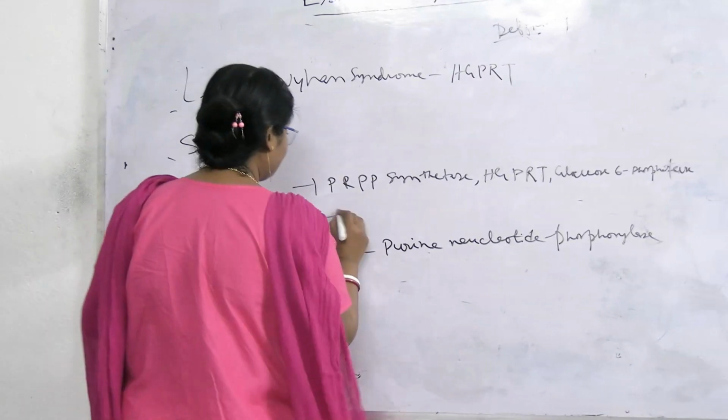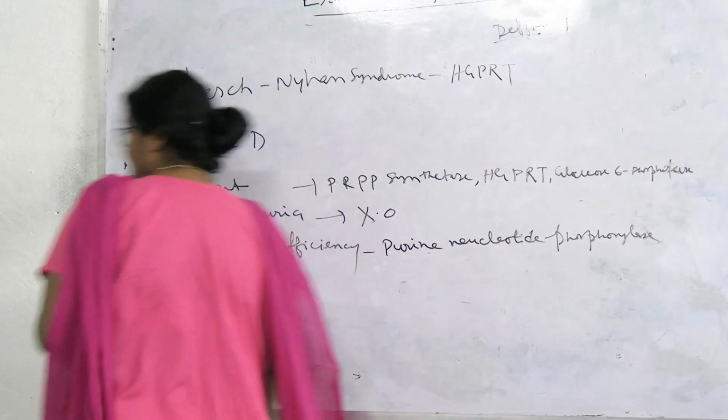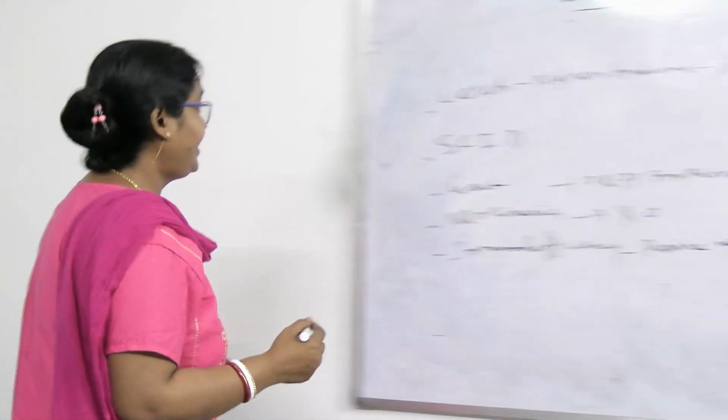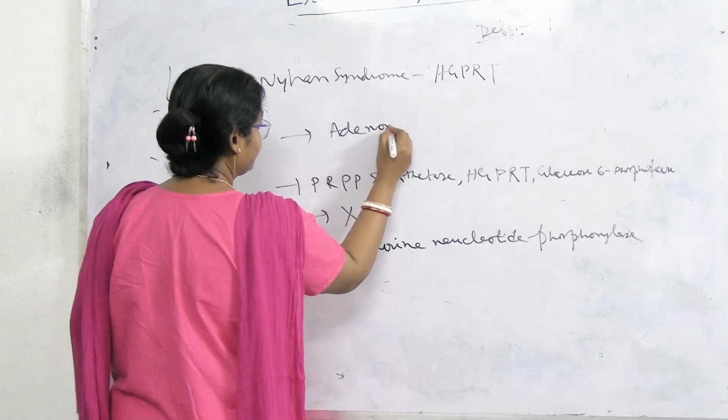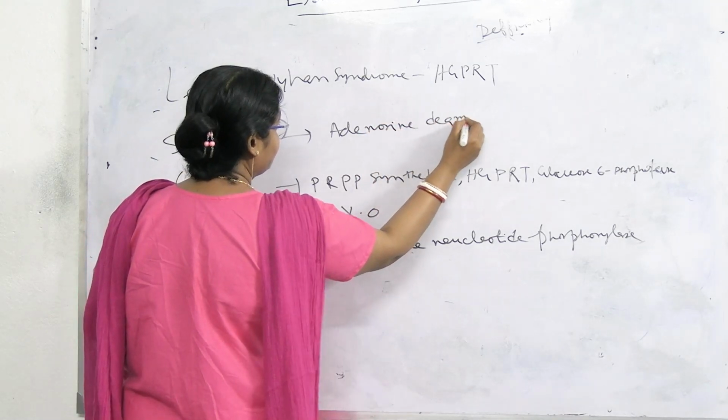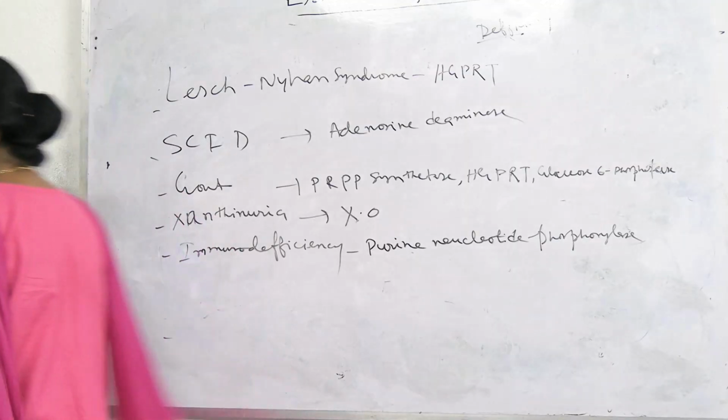Xanthinuria: xanthine oxidase deficiency. And subacute combined immunodeficiency is adenosine deaminase deficiency.